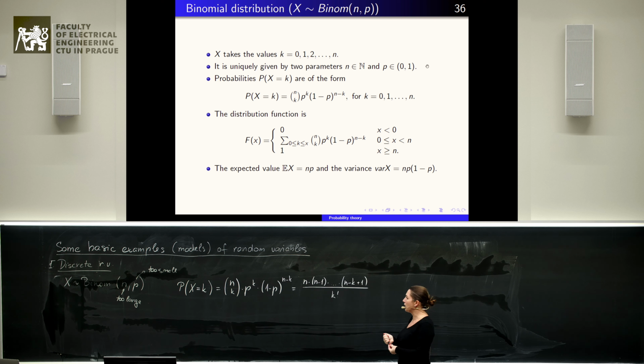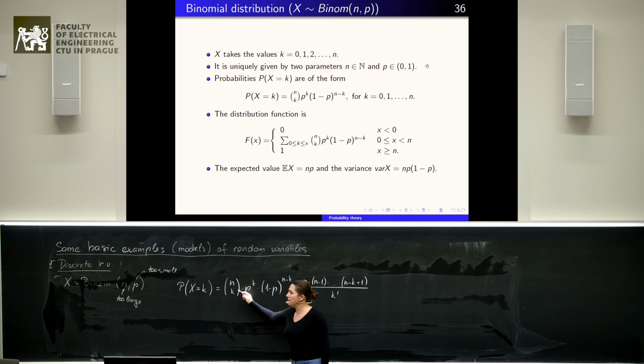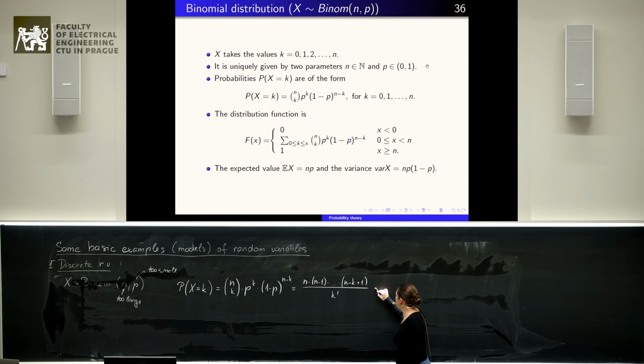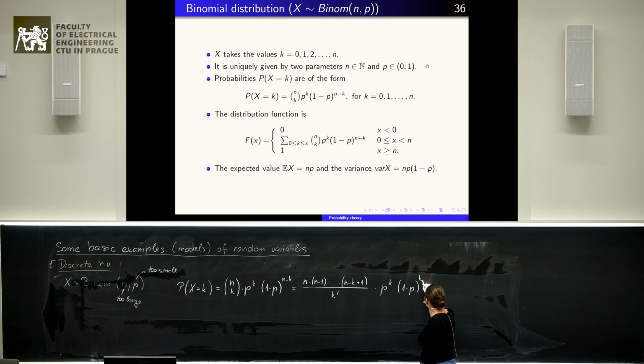It is the way how to calculate the number n choose k. Times p powered by k times 1 minus p powered by n minus k.